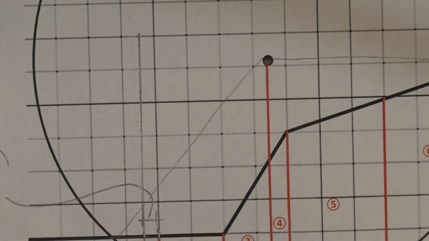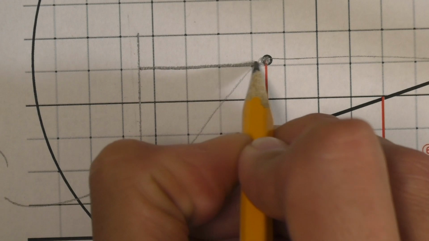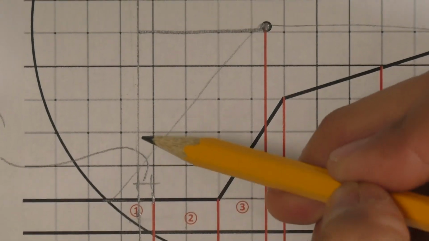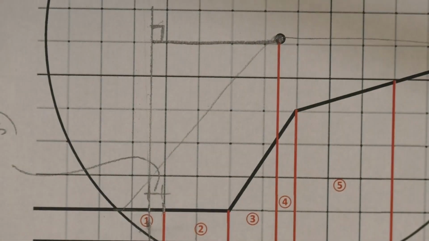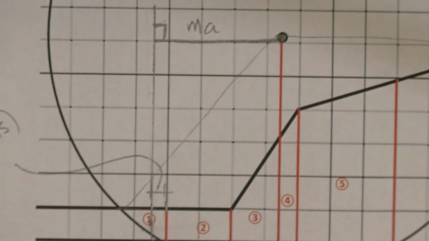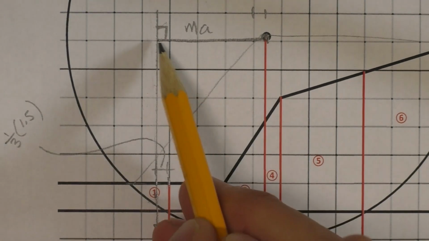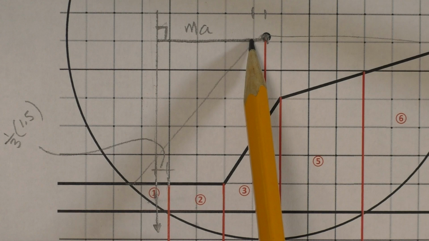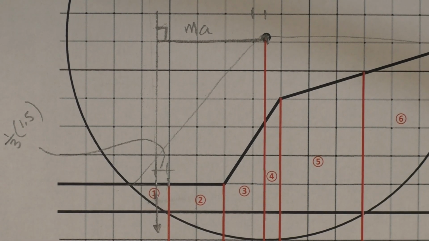And so the distance that is relevant is this one right here, from the point to the extension of the arrow, so that the distance is normal to the arrow. That's the moment arm for slice 1. So what is it? Well, the distance is a third of 1.5 plus 3 plus 0.4. A third of 1.5 is 0.5, plus 3 is 3.5, plus 0.4 is 3.9 meters.